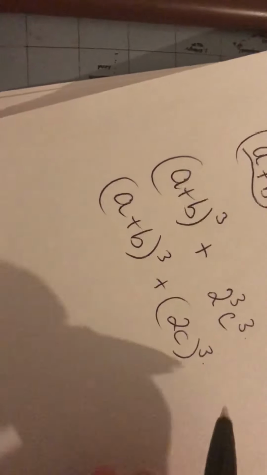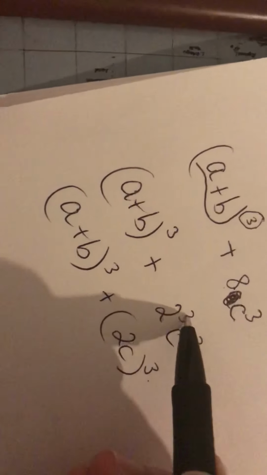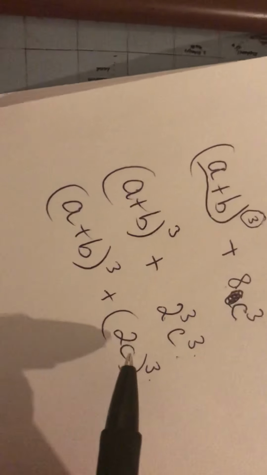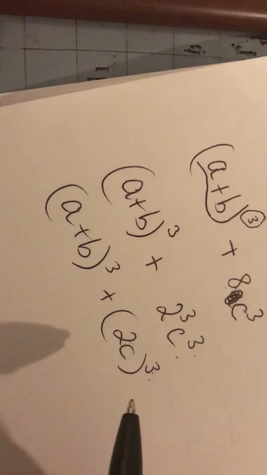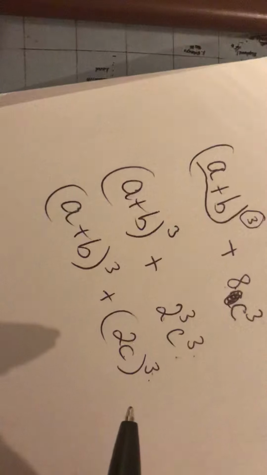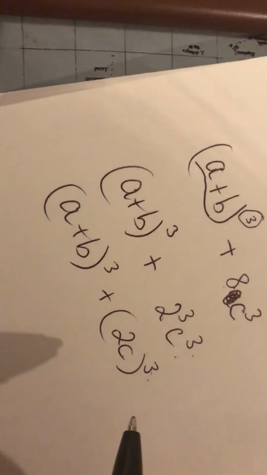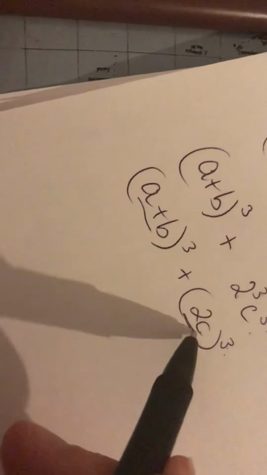Now think about it, they are the same thing. 2 cubed c cubed is 8c cubed, or (2c) cubed is 2c by 2c by 2c, which is 8c cubed. I now have my first and my second. I throw down my two brackets.